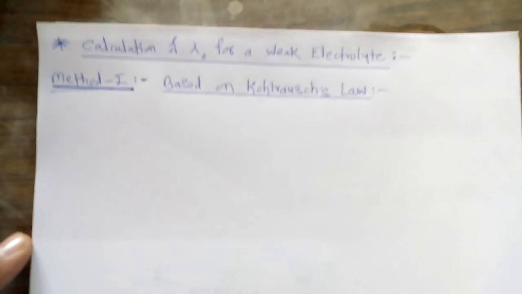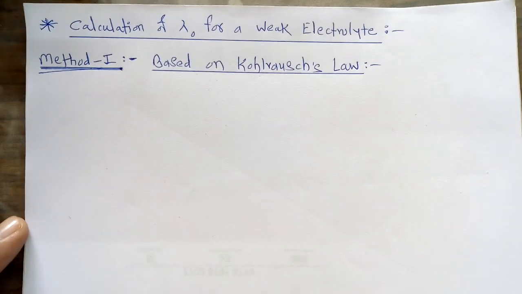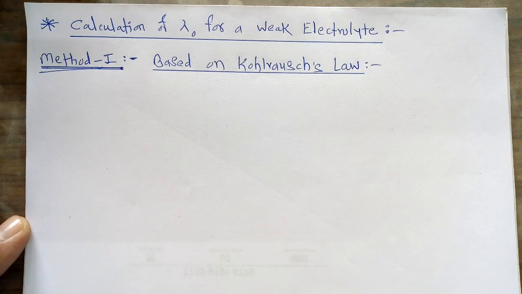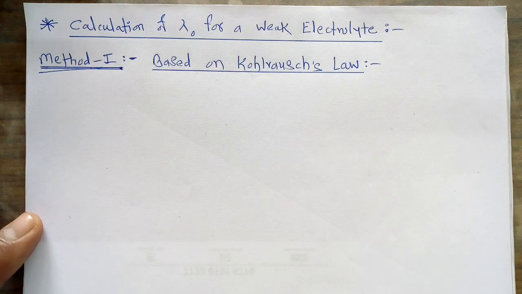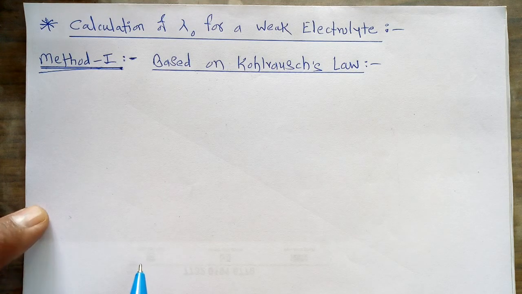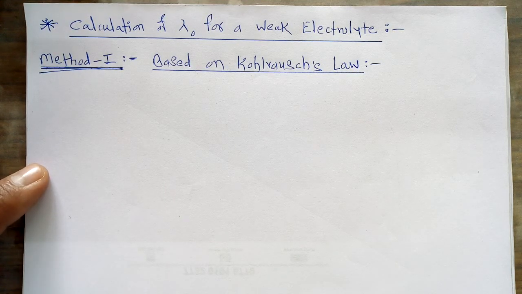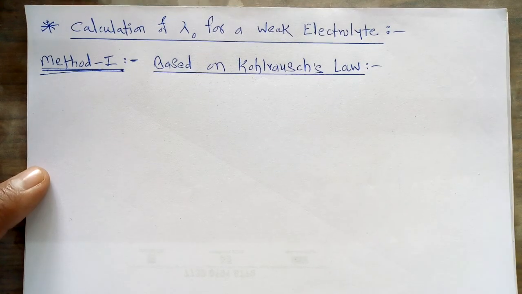First of all, we are going to study method number one, that is the method based on Kohlrausch's law. We know very well that in order to calculate lambda 0 from Kohlrausch's law, one equation is given by this law.